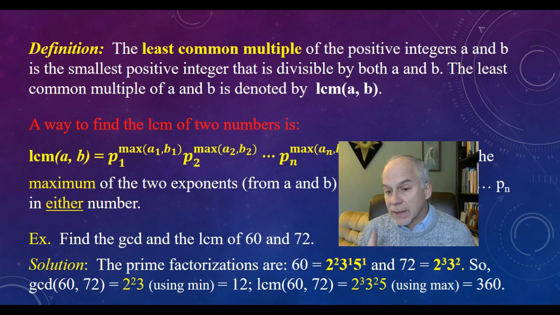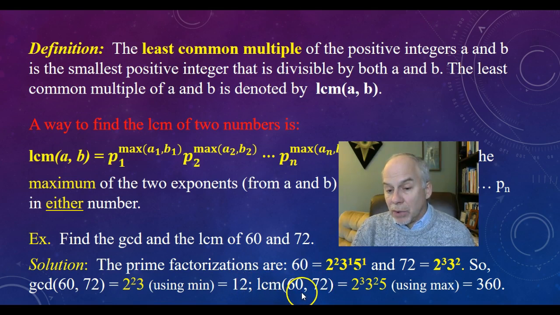So it's the one that has the least 2's that limits you to how many you can take. Okay? So 2 to the second times 3, which is 12. So the greatest common factor of 60 and 72 is 12.